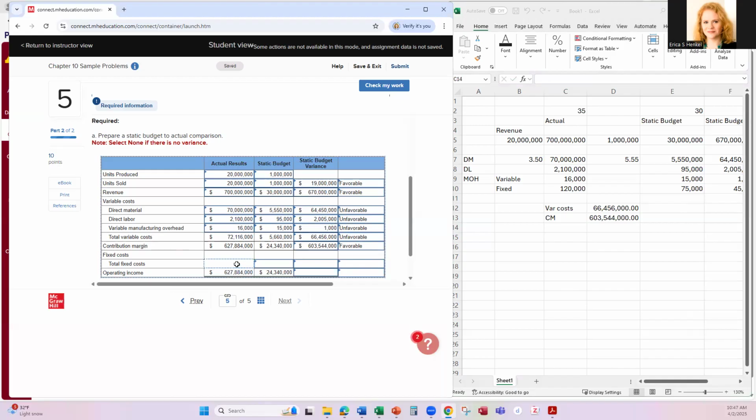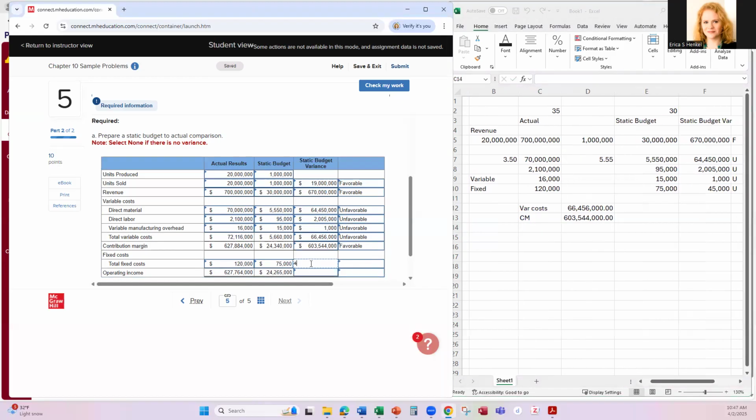In terms of fixed costs, our actual was 120,000. We had budgeted for 75,000. So that was a difference there of, whoops, 45,000. And it was more cost, which is unfavorable there, right?